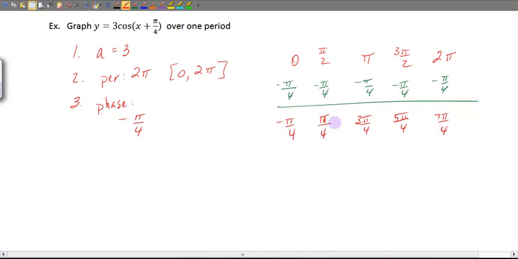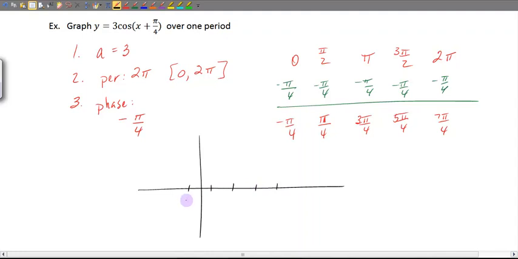So if I know what the x-intercepts are, and I know what the amplitude is, then I'm ready to graph it. So let's come down here. We're going to graph this function. We know we start over here at negative pi over 4. We'll just break this up like this. Halfway in between, half and half.